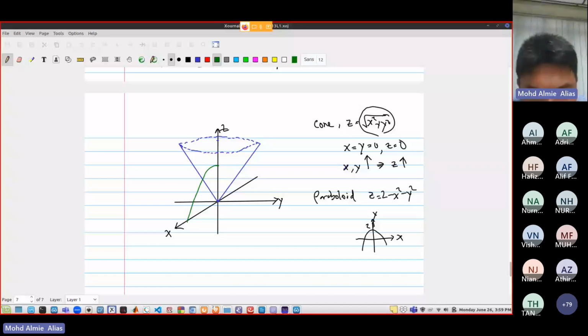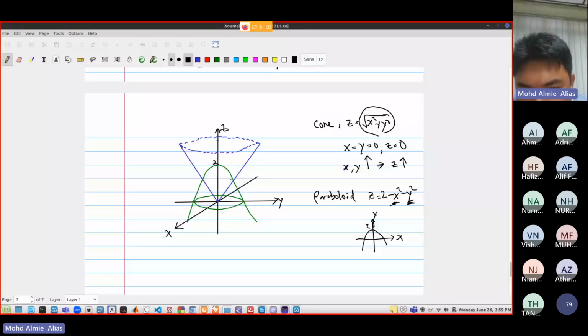Okay, something like this, and then this must be 2, because when x and y equal to 0, then z equals to 2. As you increase the value of x and y, so this is positive, then z will decrease.